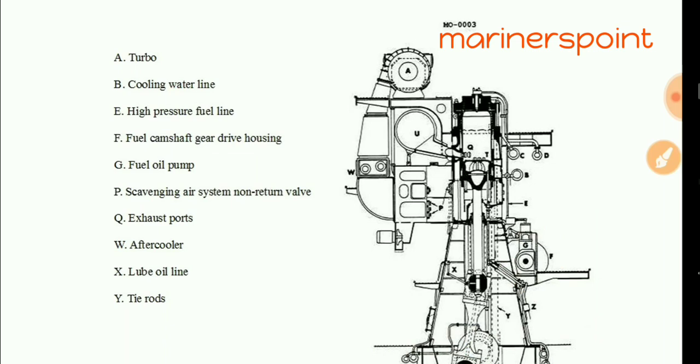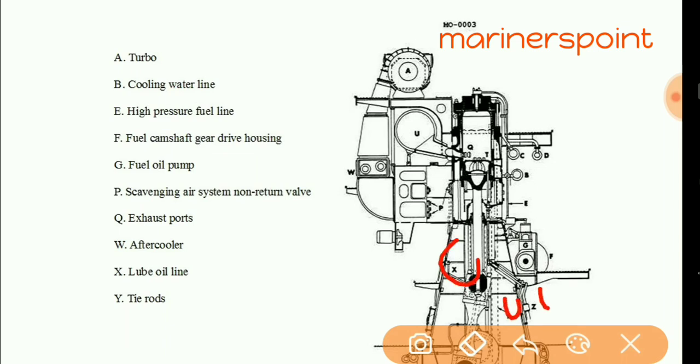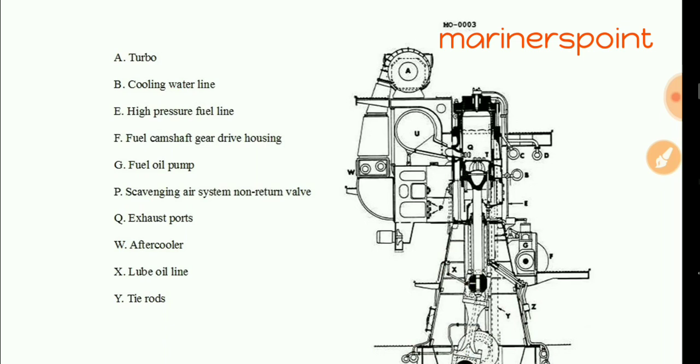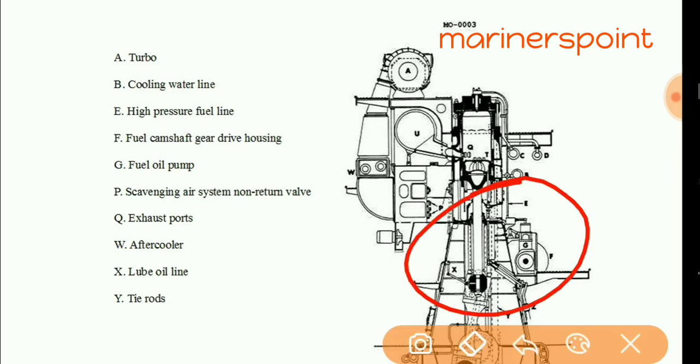Now what is X, what is Y and what is Z? In my website on Mariner's Point, when you search 2-stroke marine diesel engine piston, then this figure will come, in which the water cooled piston of the Sulzer engine is described.